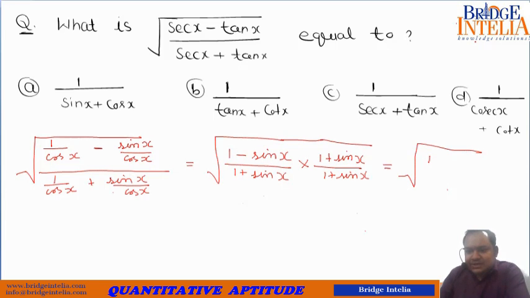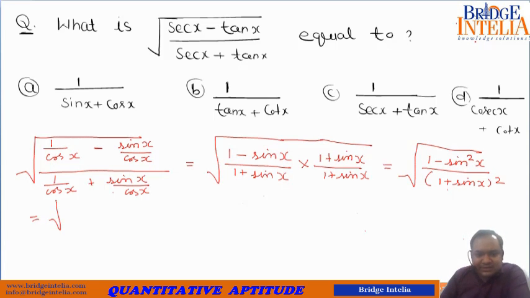So this can be written as 1 minus sin square x, and the denominator now becomes 1 plus sin x whole square. Now 1 minus sin square x can be written as cos square x. So this is now transformed to under root of cos square x by 1 plus sin x whole square.